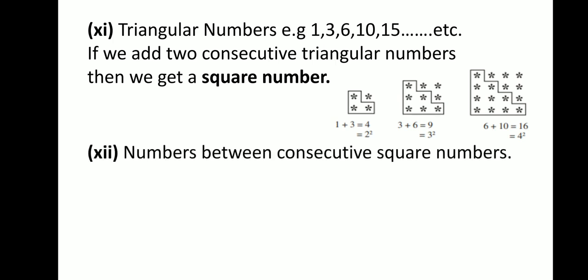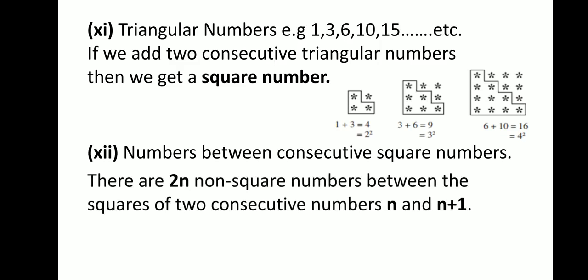Numbers between consecutive square numbers. Now, another method we have learnt is how to find the natural numbers between the squares of two consecutive numbers. There are 2n non-square numbers between the squares of two consecutive numbers, that is n and n plus 1.